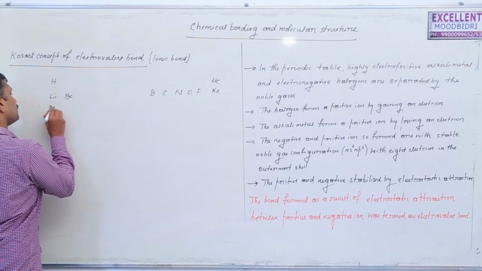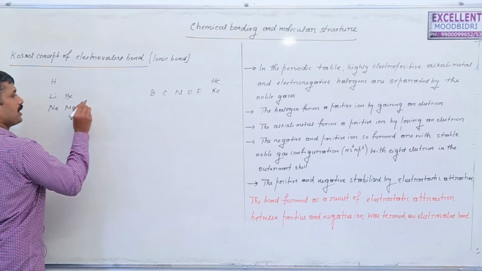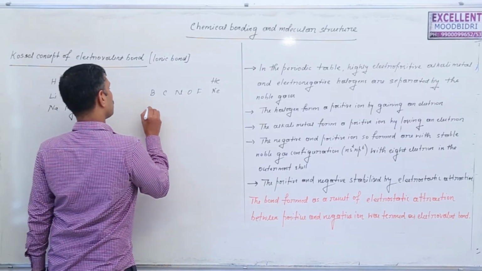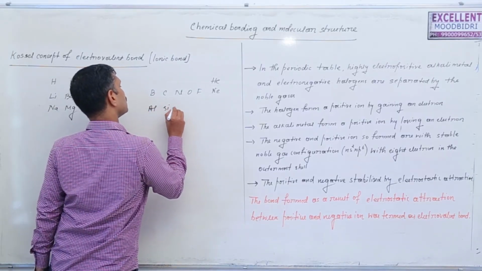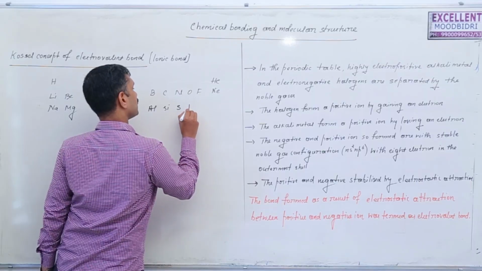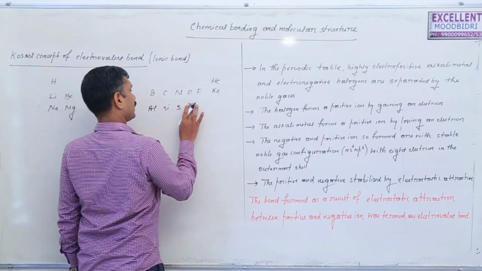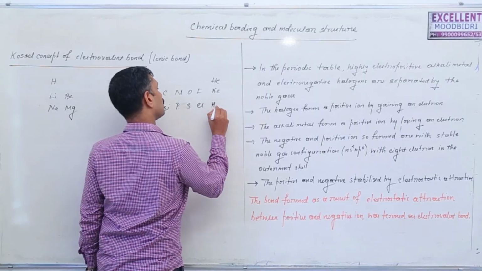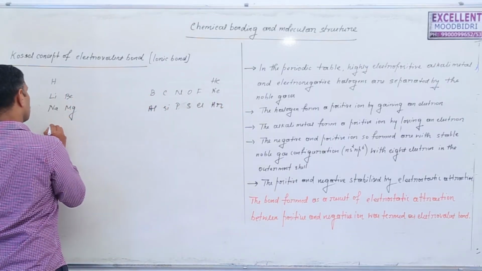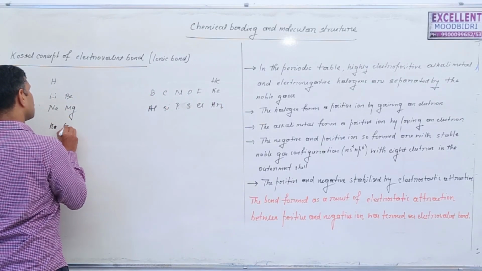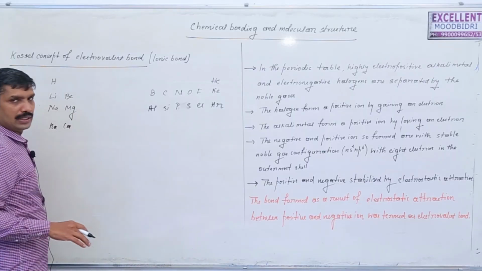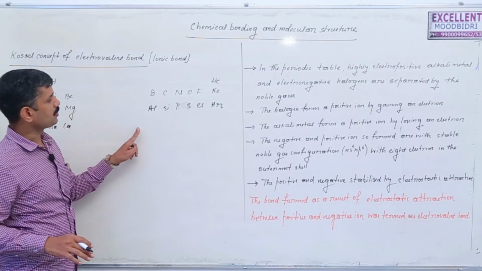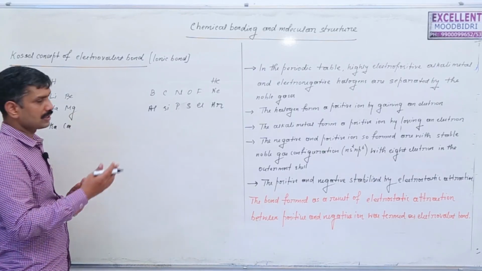Next, again sodium, magnesium in the periodic table, then aluminium, silicon, phosphorus, sulfur, chlorine, argon. Next potassium, calcium, then scandium, titanium, vanadium, chromium, manganese, iron, cobalt, nickel, copper, zinc.